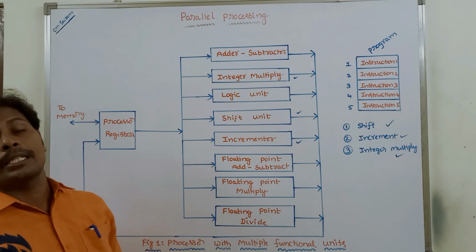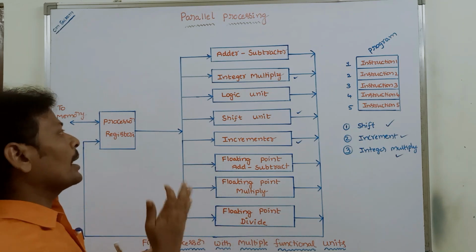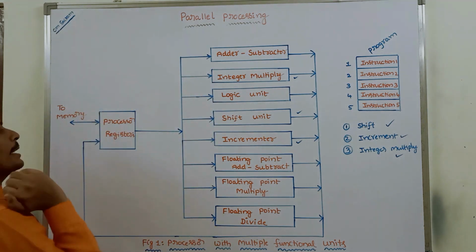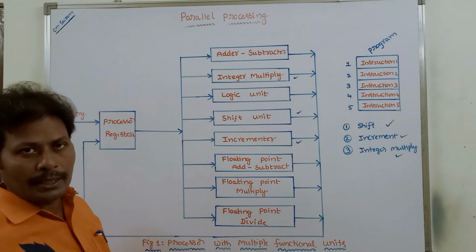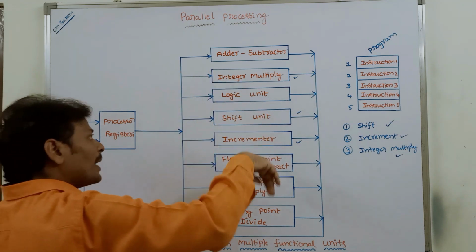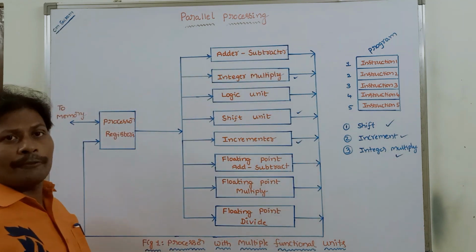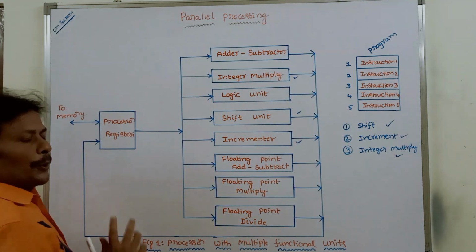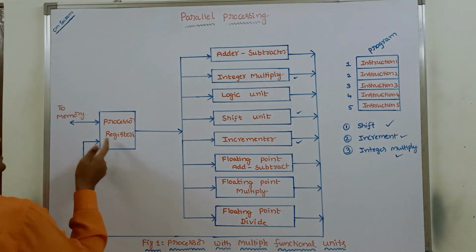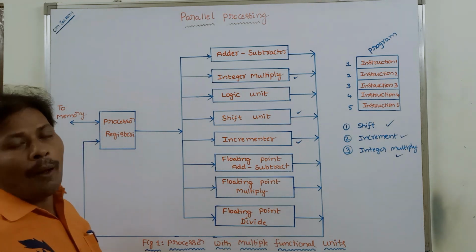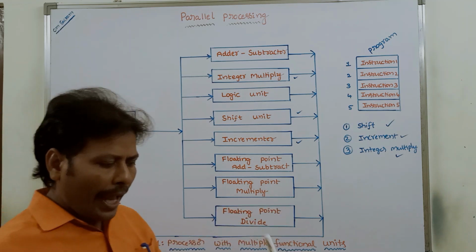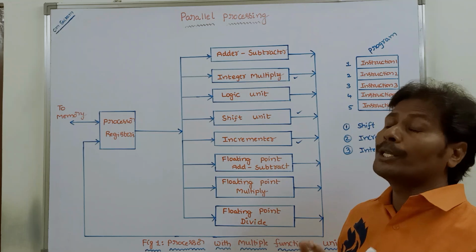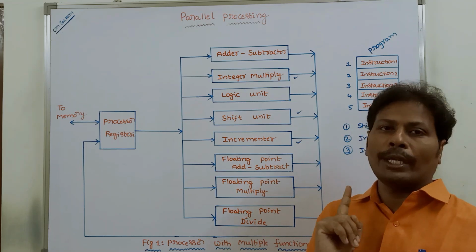By using that control signal, we are taking the instructions from the memory, we are taking the operand data from the processor register, performing the operation in the particular functional unit. After that, the result is stored into the processor register. After that, the result can be stored into the memory. All these activities are monitored or controlled by using a single control unit.